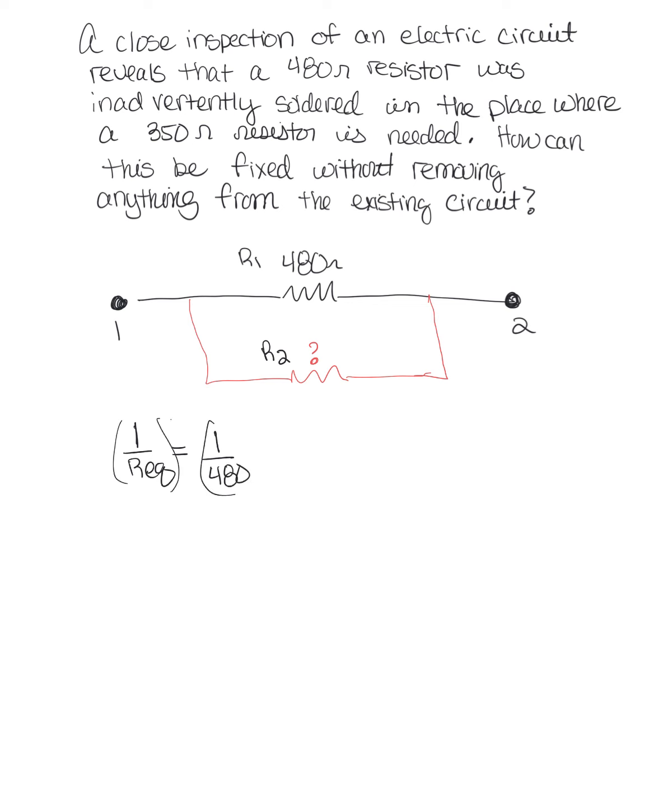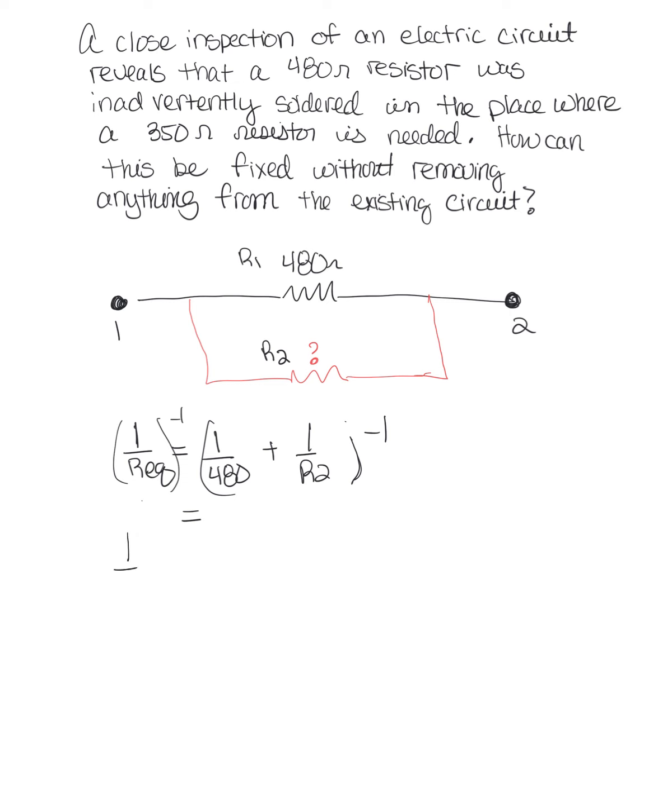Can't forget that we have to take the inverse, plus 1 over R2. Okay, so what we're trying to solve for here is R2. And we need our equivalent resistance to equal 350 ohms. So we'll move R2 over here.